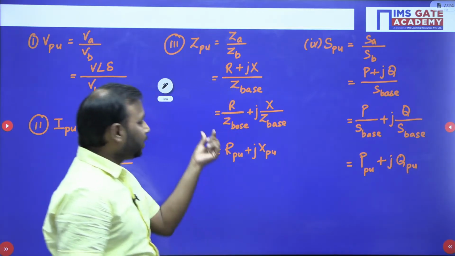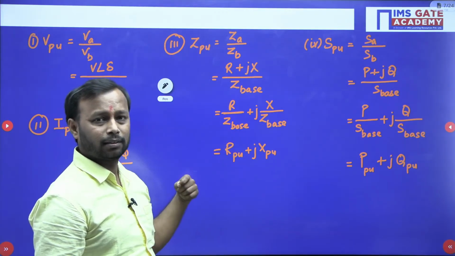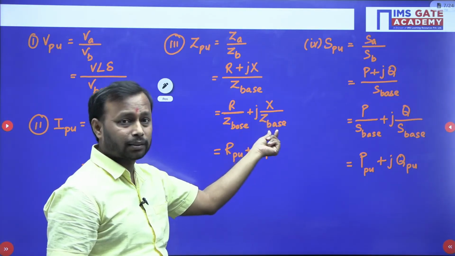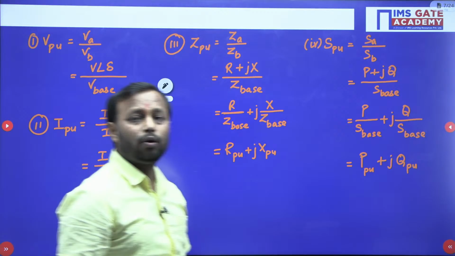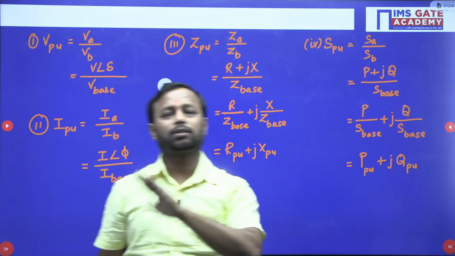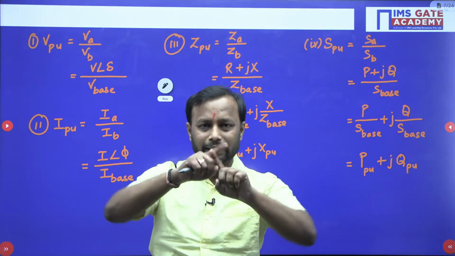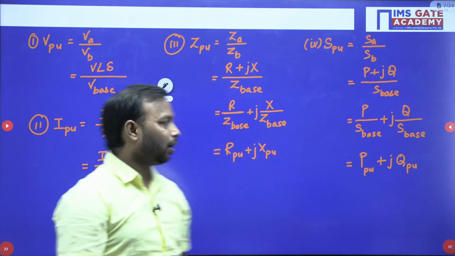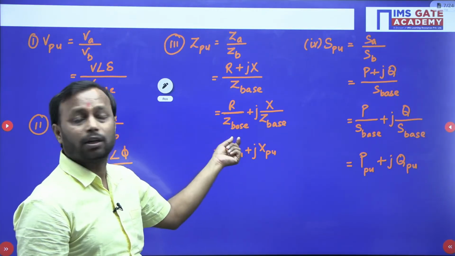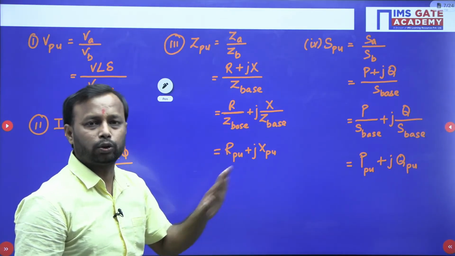So please do not think that for resistance we require a separate resistive base, or for reactance a separate reactance base. These two terms do not exist, there are no terms like resistance base and reactance base. Remove this from your mind: to find the R per unit we need to divide it by Z base, not by R base, because there is nothing like an R base.